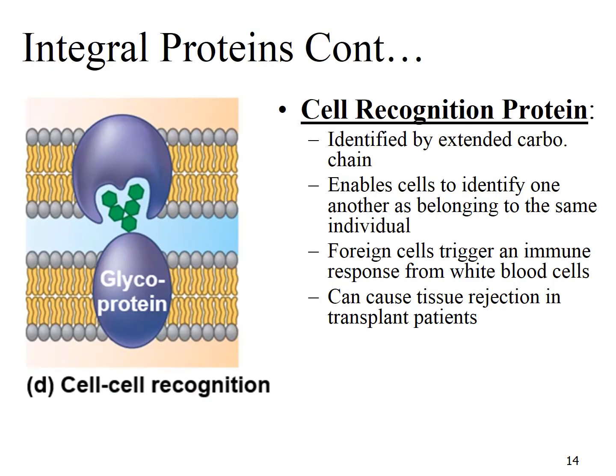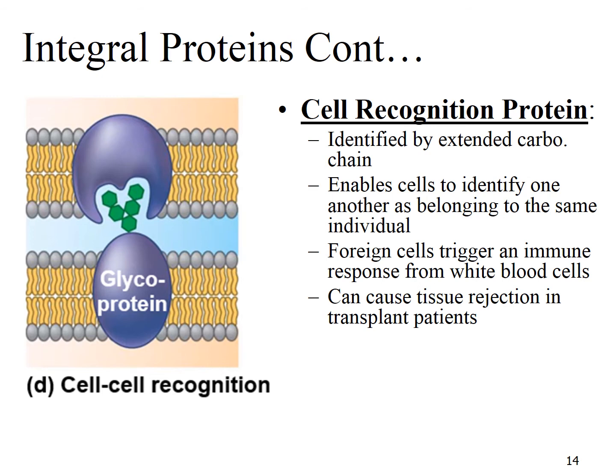The first integral globular protein that we'll talk about is a cell recognition globular protein. And if you look at this, the identifying trait or characteristic for this particular protein is a unique carbohydrate chain that's attached to the surface. And so your cells, all living organisms, their cells have these cell recognition globular proteins embedded in the membranes of their cells.